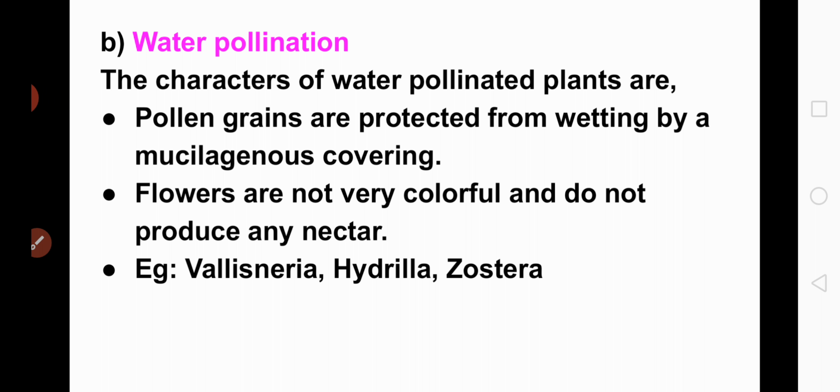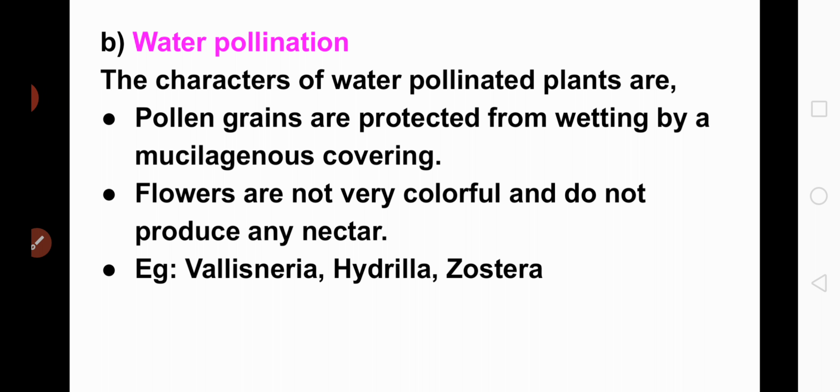It is quite rare in this type, this water pollination. It is quite rare in flowering plants and is limited to about 30 genera, mostly monocotyledons, that means monocots.